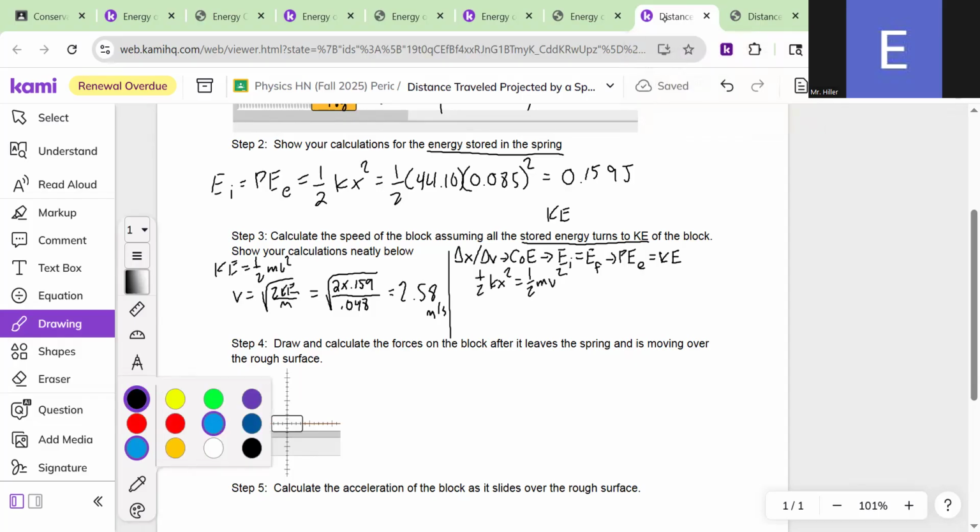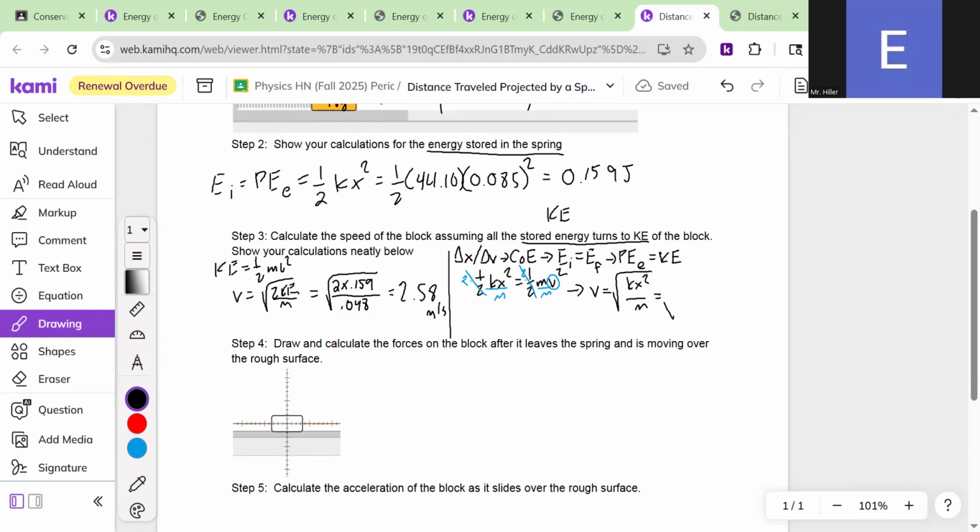Okay, now you can clearly see that if I'm trying to solve for speed, I will multiply by 2, and you can see the 1/2s cancel from both sides. Divide by mass, and then square root. So what I get is v equals the square root of kx squared divided by the mass.